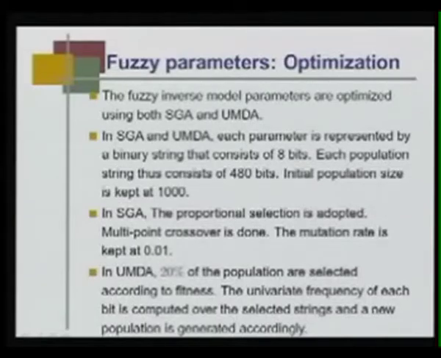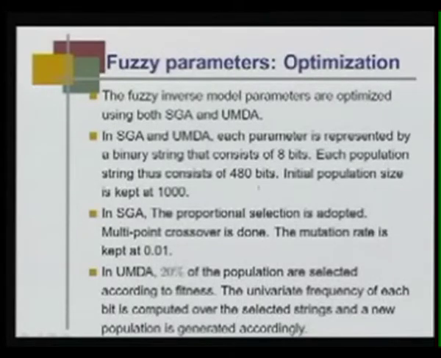In the simple genetic algorithm and the univariate marginal distribution algorithm, each parameter is represented by a binary string that consists of 8 bits, and we have 60 parameters. So, 60 into 8 is 480 bits.